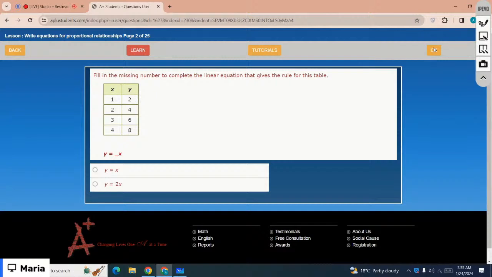So, which is the correct option? The correct option is, yes, that is y equals x, option number 2 is the correct option.